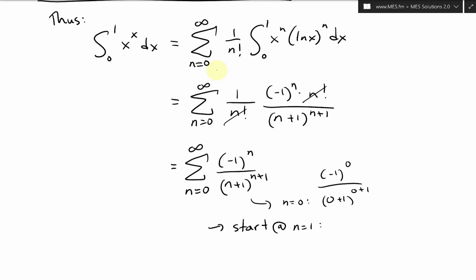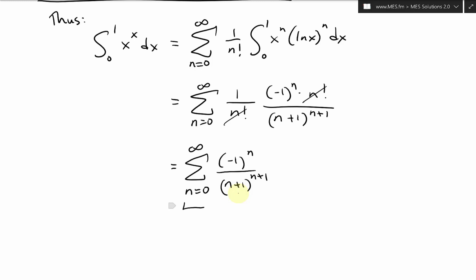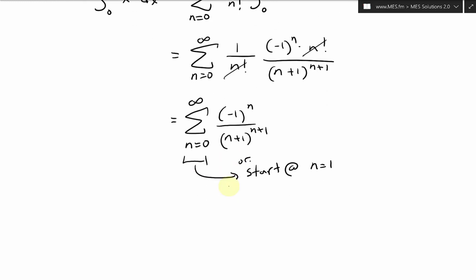What we'll do is shift this over by 1. So instead of n plus 1, we'll just go with n, and this will just be n minus 1. Just because we don't have to, but the question had it as starting at 1.